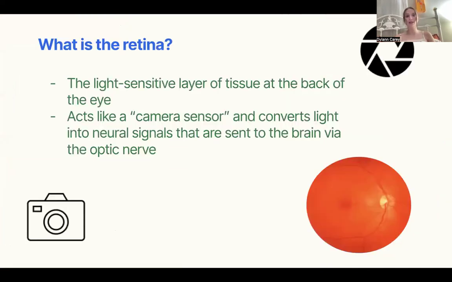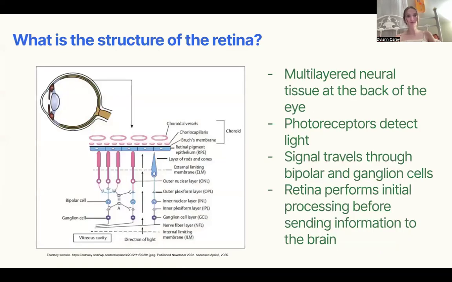The retina is the light-sensitive layer of tissue at the back of the eye. It acts like a camera sensor and converts light into neural signals that are sent to the brain via the optic nerve. And here again is the picture of my retina, a healthy retina. What is the structure of the retina?